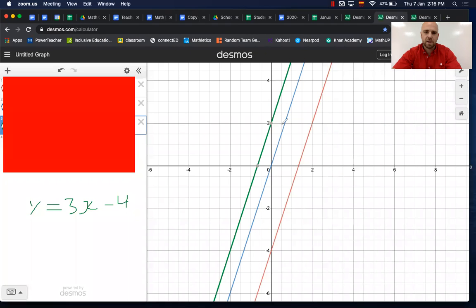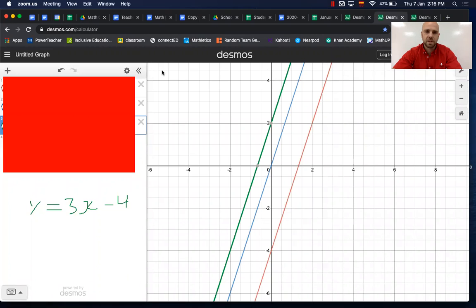In the green one, it crosses at +2, so my equation would be 3x plus 2. That's not the one I'm looking for. In the second one, it crosses at 0, so I wouldn't have a constant, and my equation would be y equals 3x. And this last one crosses at -4, which means that would be my correct equation.